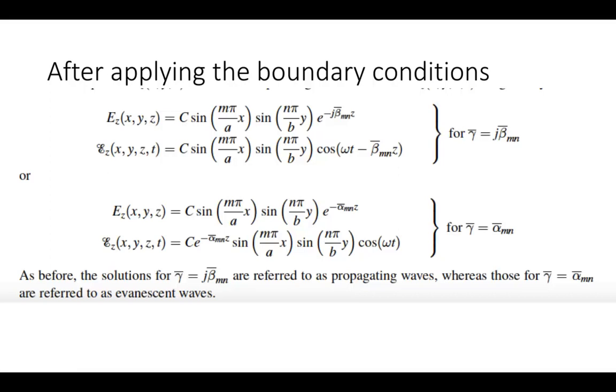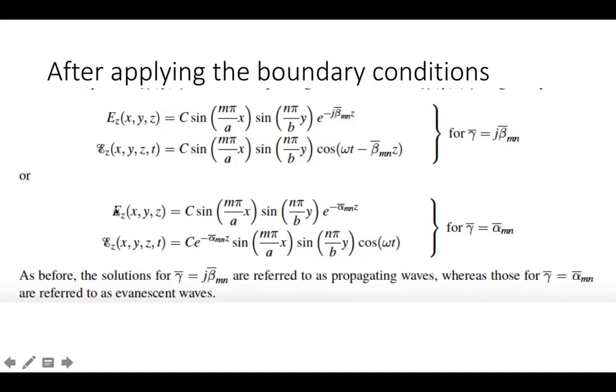In this first set of equations, we're assuming we have propagation, and so we have the e to the minus j beta form. If we don't have propagation and gamma turns out to be real, then the equations look the same, except we have e to the minus alpha z, and this is an attenuating term, hence creating these evanescent waves.